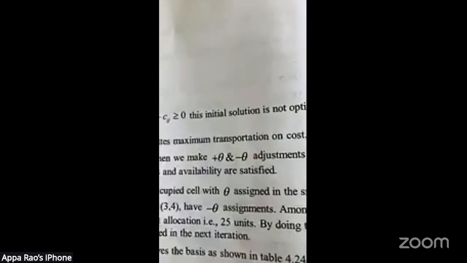Thus, we assign theta units to this cell, then make plus theta and minus theta adjustments in the occupied cells in such a way that the requirements and availability are satisfied. In order to maintain feasibility, locate the occupied cells with minus theta assigned and the smallest allocation.